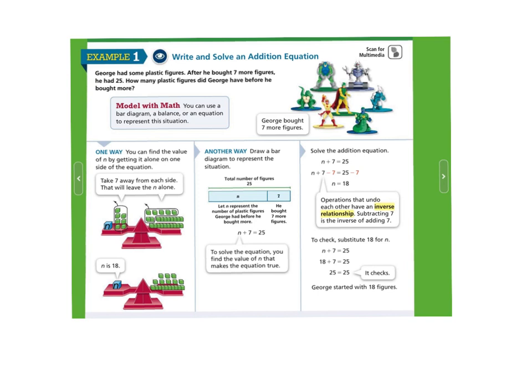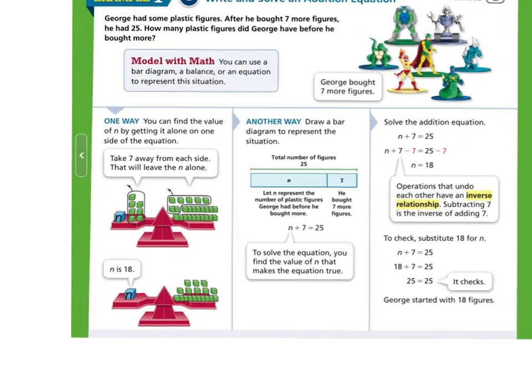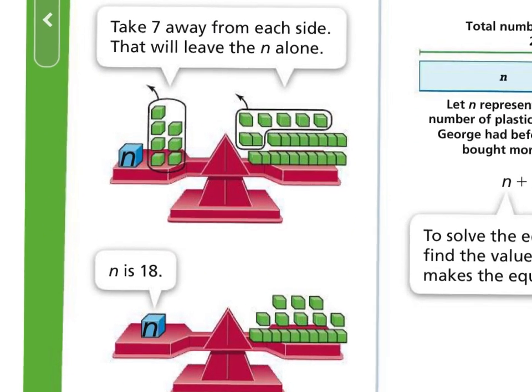So example 1, George had some plastic figures. After he bought 7 more figures, he had 25. How many plastic figures did George have before he bought more? So different ways we can do this. One way is they kind of show this as a balance.